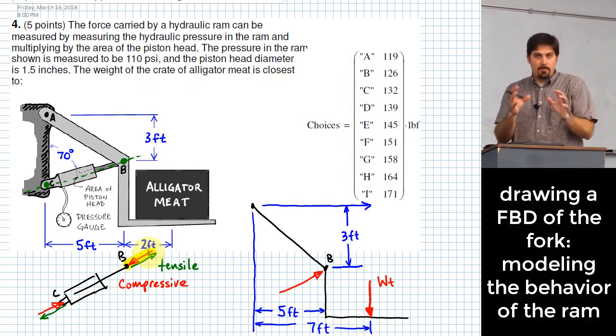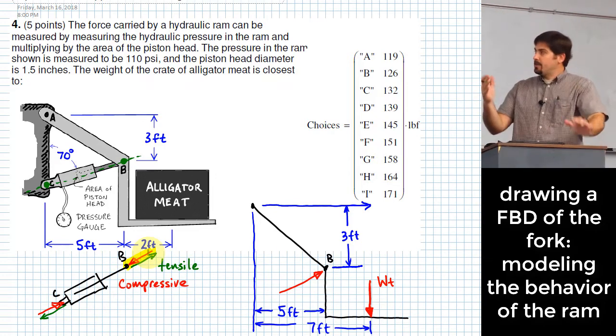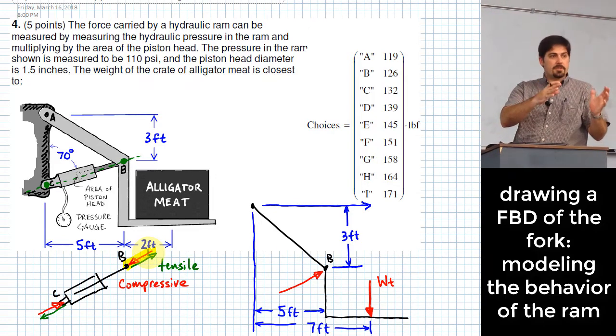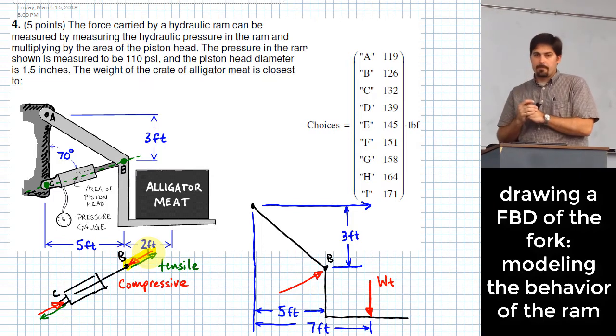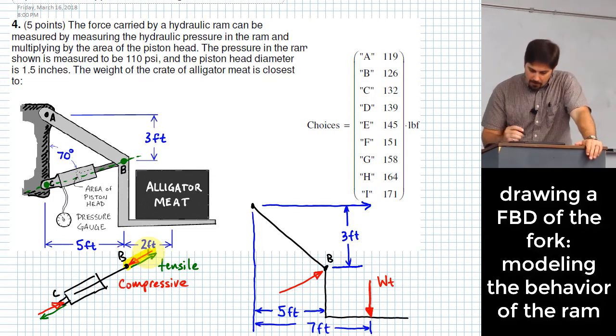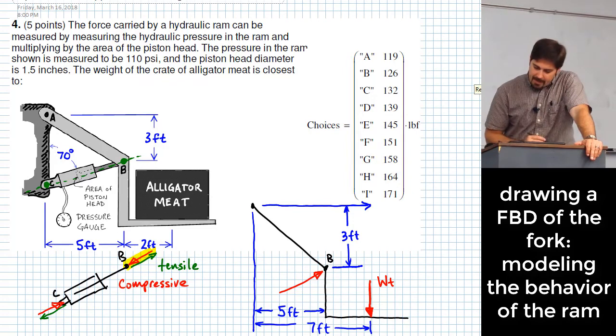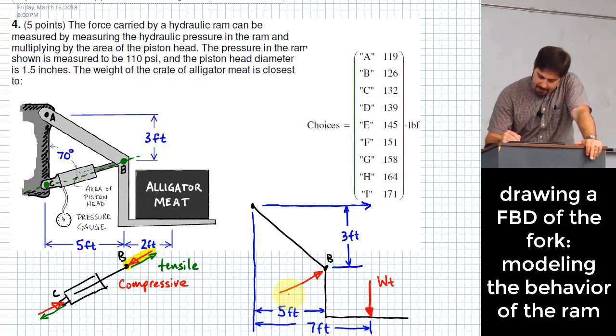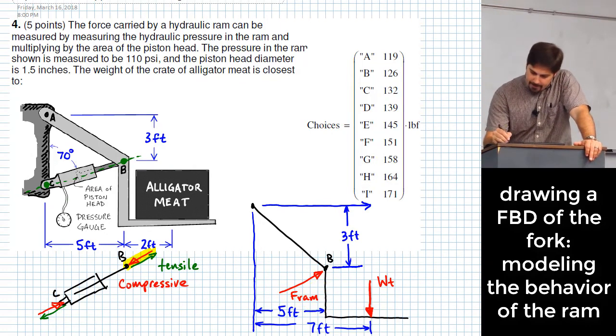All right, because that's the same force actually. It's just you're seeing that force from the standpoint of the cylinder or the ram versus the standpoint of the fork. Okay, so let me go ahead and name that something like maybe F ram. Okay, and that's that force right there.